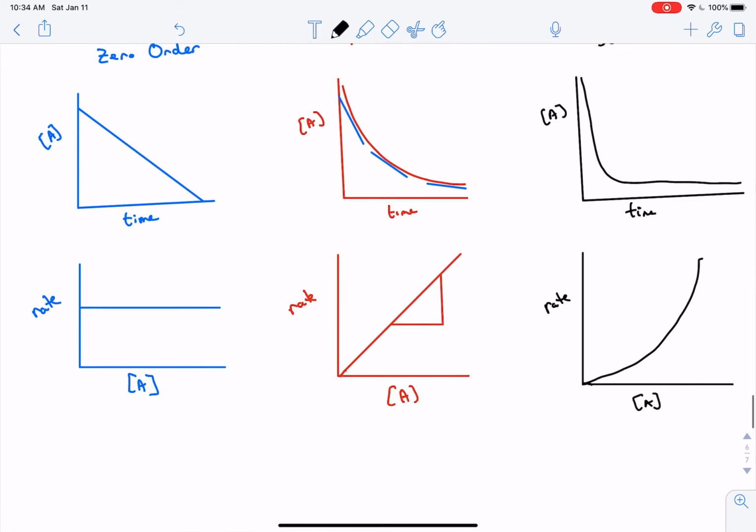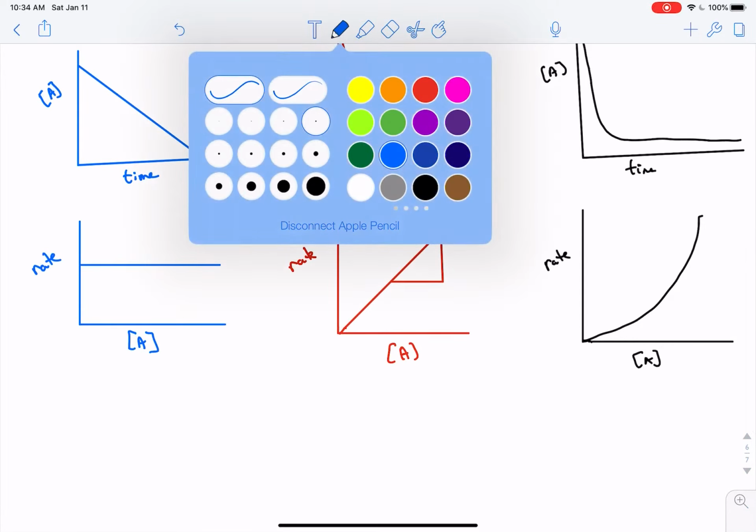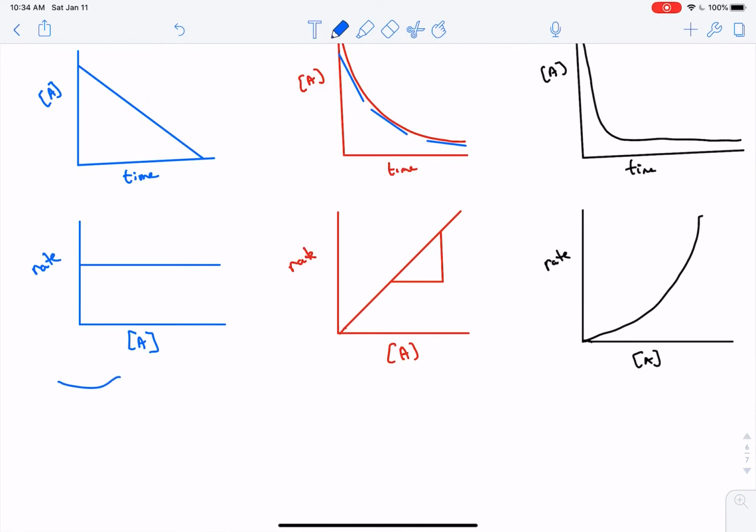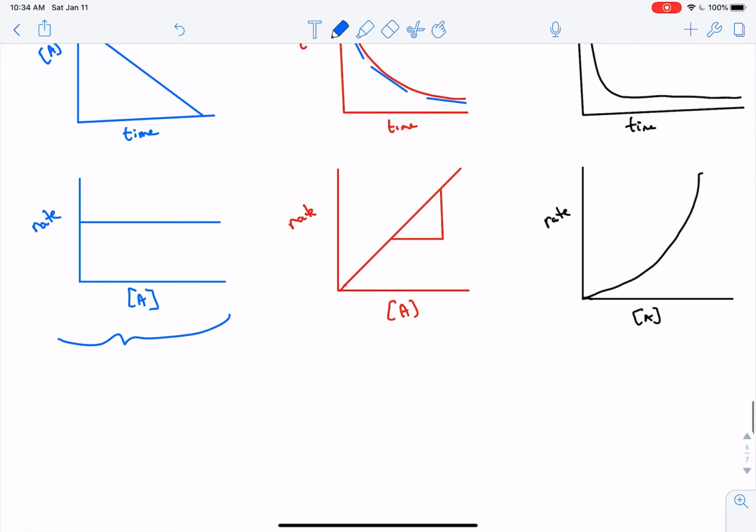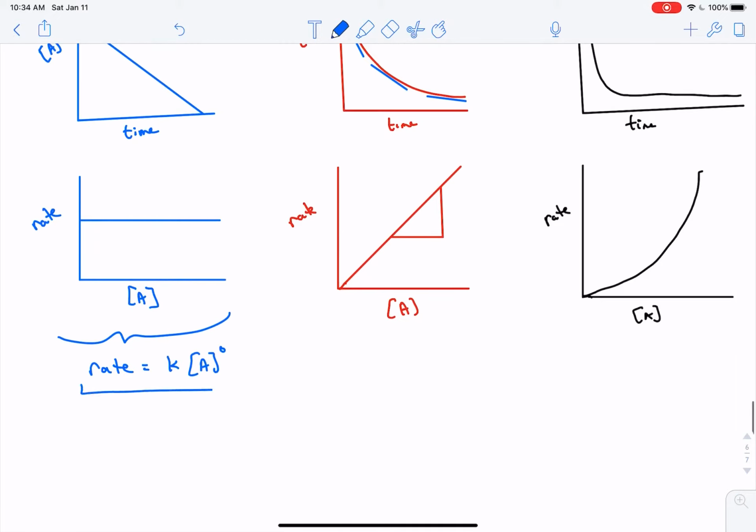And so this graph right here is represented by the equation rate is equal to k times a to the 0 power. Okay? And this is called a rate law expression. Okay? Where k, lowercase k, is the rate law constant, which we'll talk about calculating a little bit later.